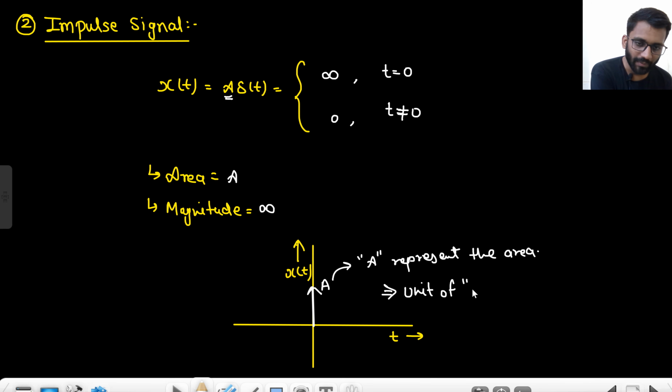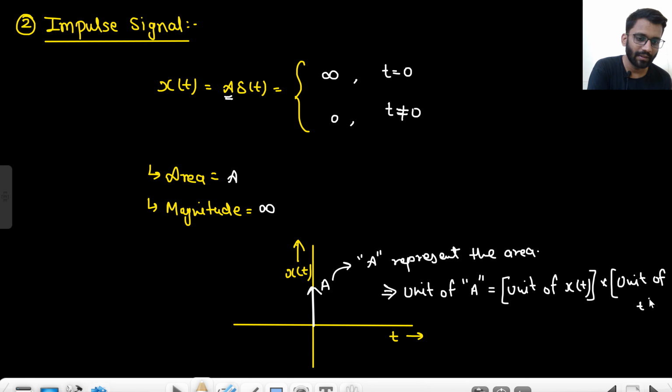The unit of A will be the unit of x(t) multiplied by the unit of t. Basically we write it like this, A delta(t). If it is written A delta(t), that A shows the area, and the area is the unit of x(t) times the unit of t.